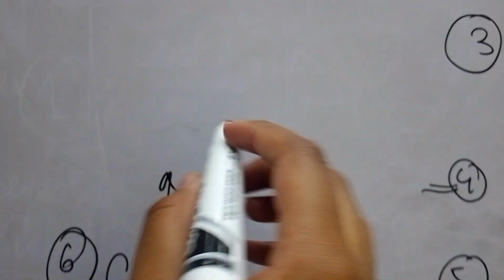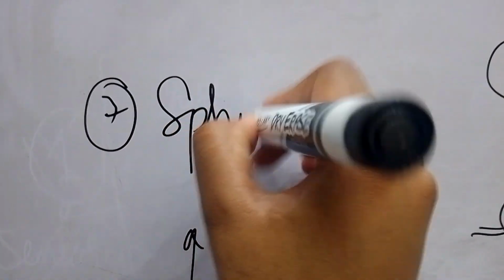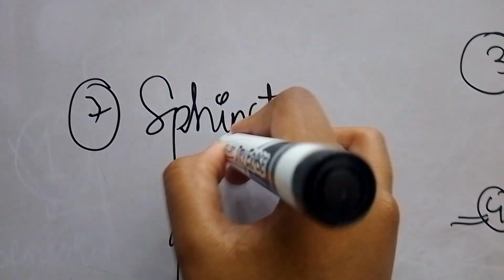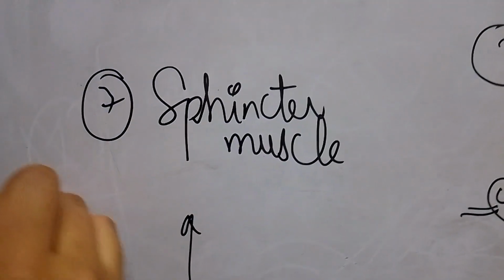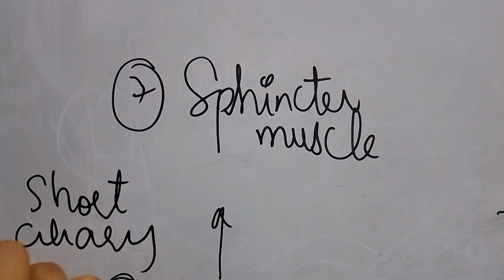And the ciliary ganglion will send the information to the only structure, the sphincter muscle, through the short ciliary nerve.